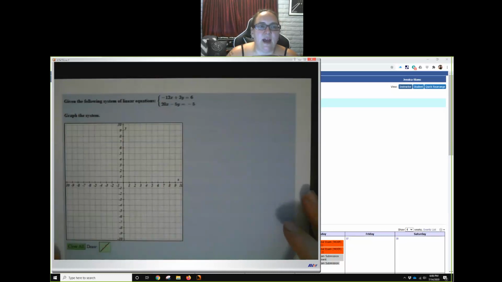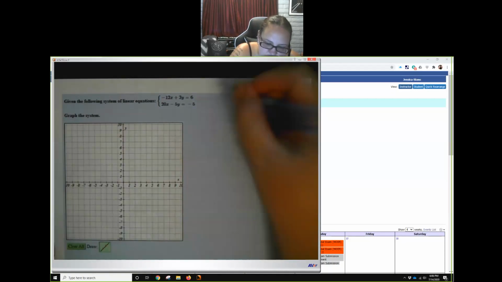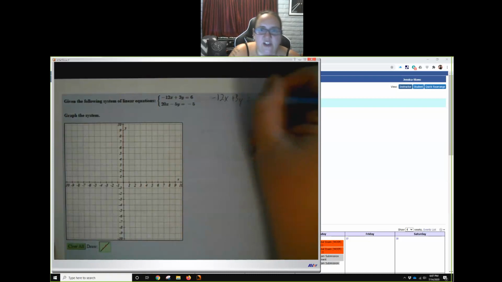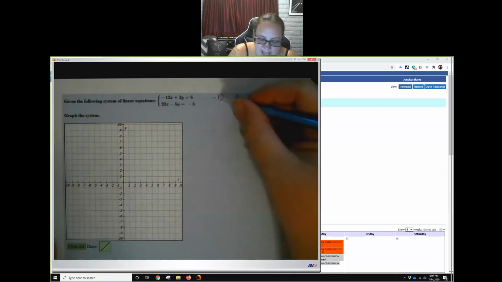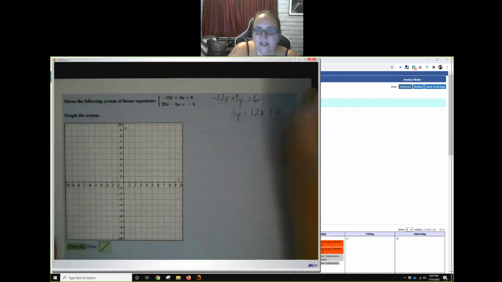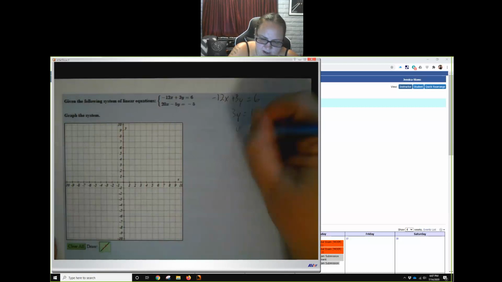Okay, now if I want to use a graph, I'm just going to take each one of these equations and I'm going to solve for y so that I can graph them. So I'm going to move over the x. That's going to become a positive 12x plus 6 when I move it over to this side. Then I'm going to divide everything by 3.